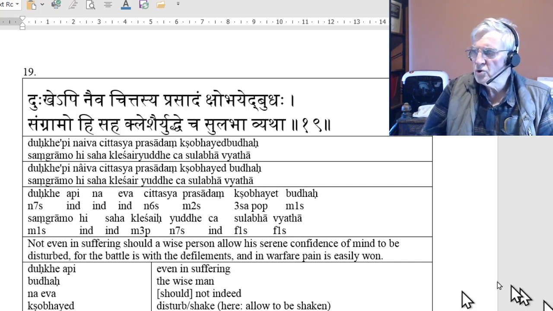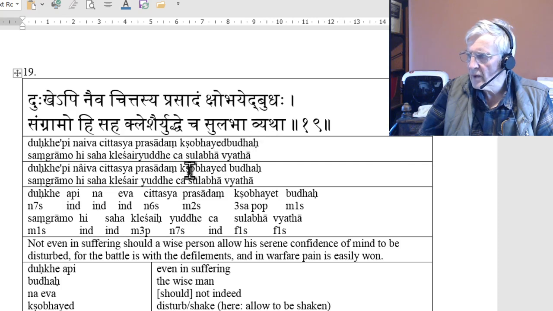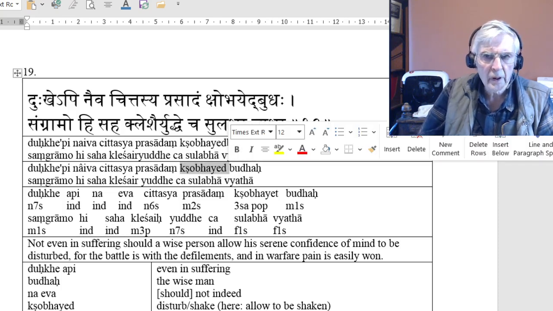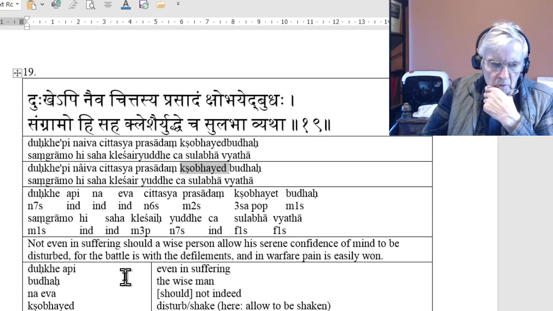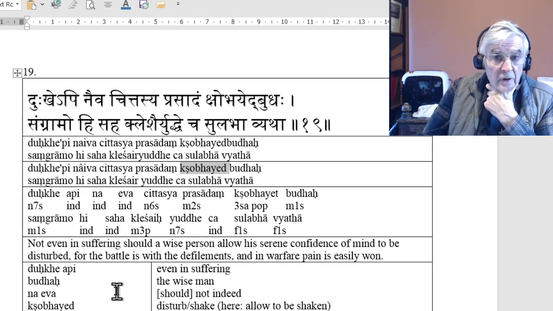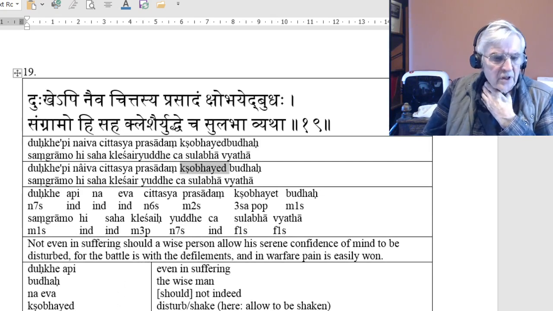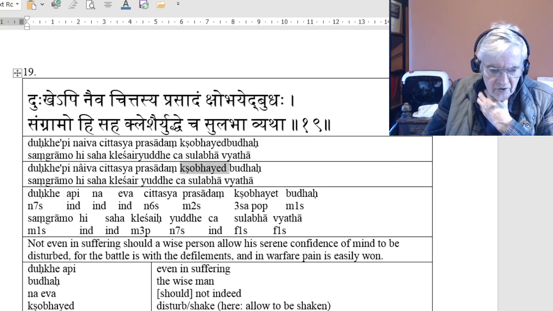This kshubhayet here, it's from the root kshub, meaning to disturb or shake. As an intransitive verb, it means to be shaken or disturbed.